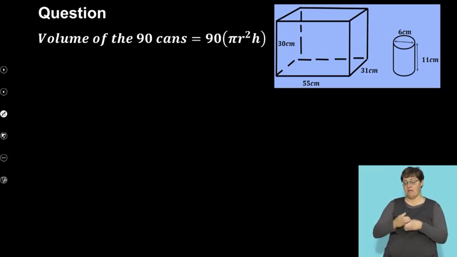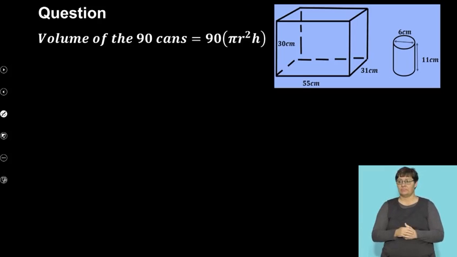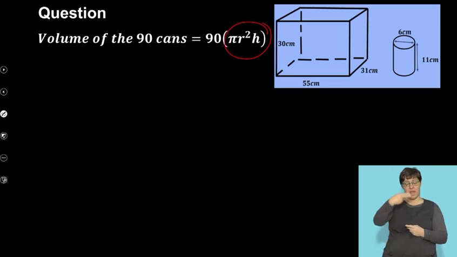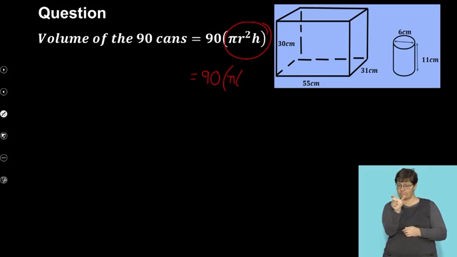Cool. And the volume of the 90 cans will have to be 90 times the volume of a cylinder. And I know that the volume of a cylinder is pi r squared times h. So it's going to be 90 multiplied by pi, and my radius. Over here I can see that the diameter is 6 centimeters, which means that my radius will be 3 centimeters.